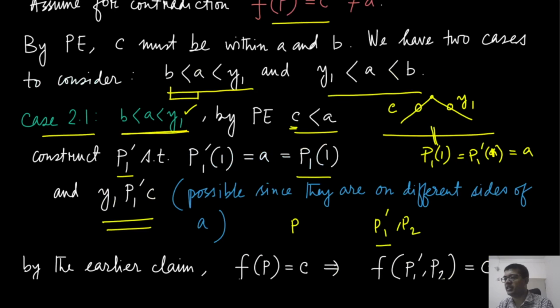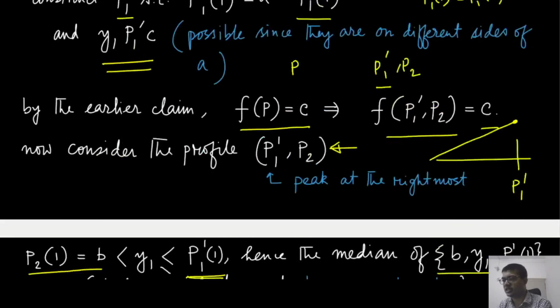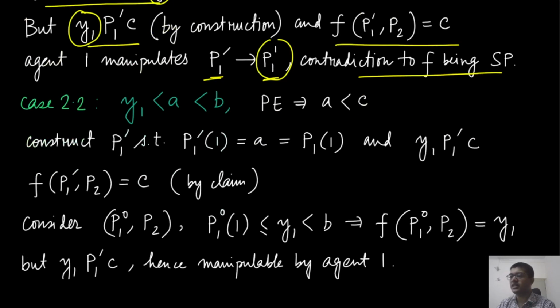So we have assumed that f of p is equal to c, which is not equal to a. That cannot be true under this condition. The other case is that y1 is less than a less than b, and of course Pareto efficiency requires that it must lie between a and b, so therefore c must be on the right hand side of a. So the construction is again very similar.